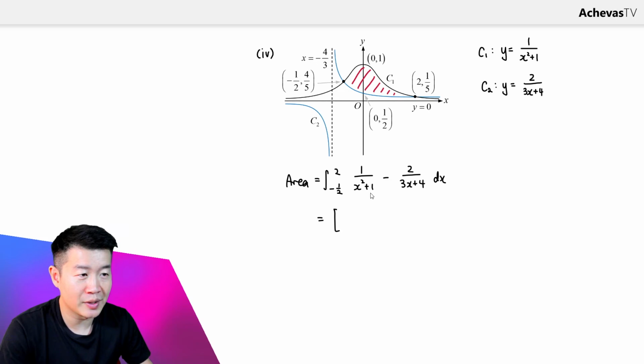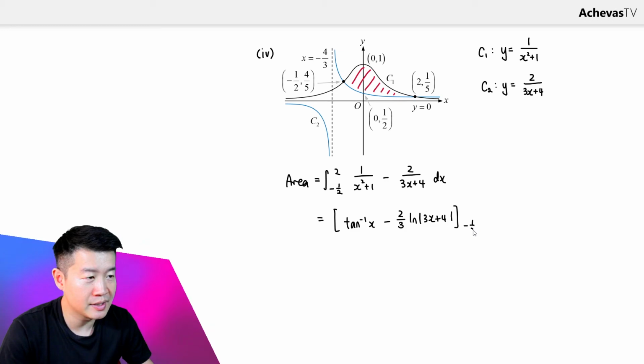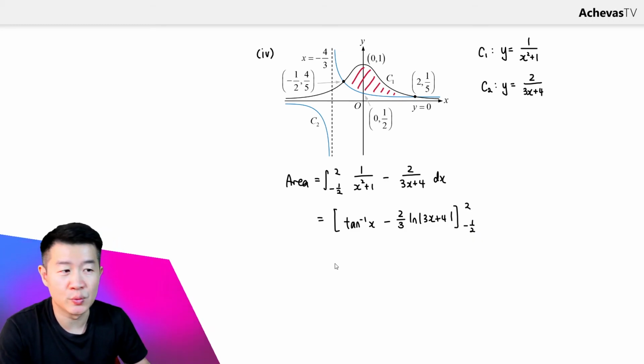So for this, when I integrate it, it is going to be tangent inverse x. As for this, it is minus 2 over the coefficient of x, which is 3, and ln modulus of 3x plus 4. So from minus half to 2.